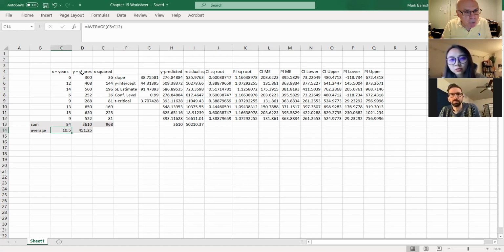I did the same thing for the Y's. So I have now both the sum and the average for both X's and Y's. I also have a column here where I squared each of the X's, which I need for some of these formulas. So I just did square and then copied the formula down. And this 968 at the bottom is the sum of X squares. All the X squares are being added up, and that's the sum of all those.